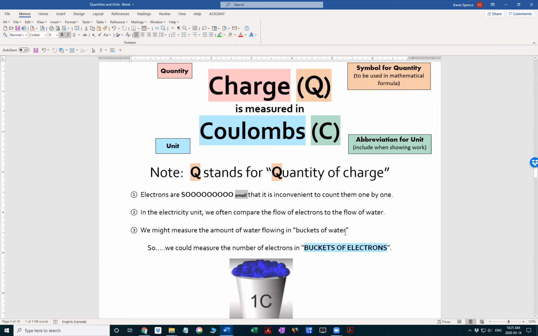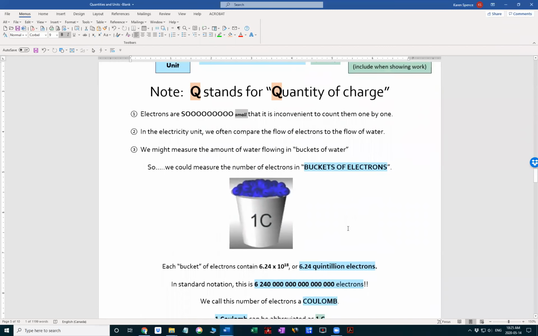How many buckets of water are going past a point in a given time? So we could similarly measure the number of electrons in buckets of electrons. So we're going to see this image fairly frequently. Here's our bucket of electrons, and it is 1 coulomb.